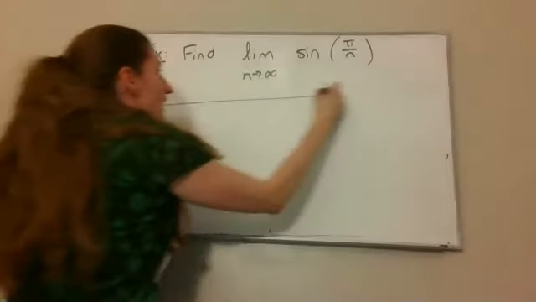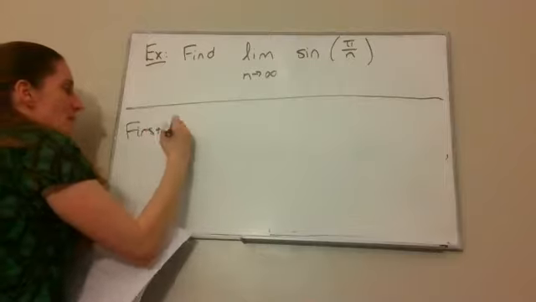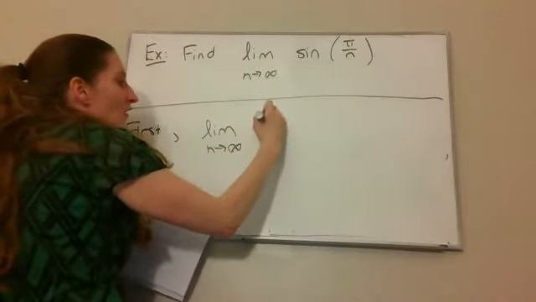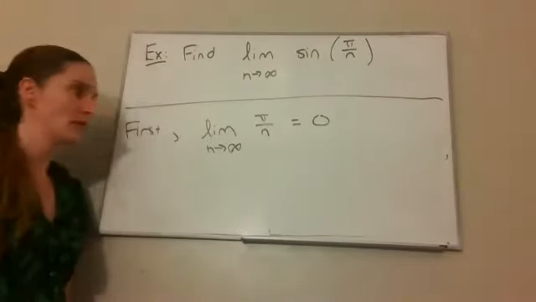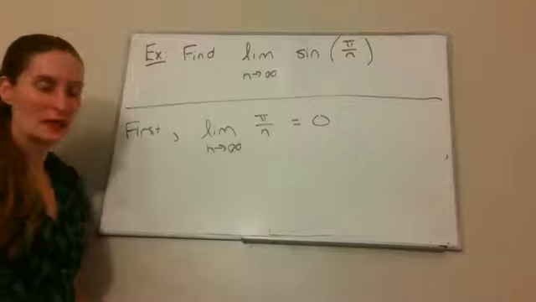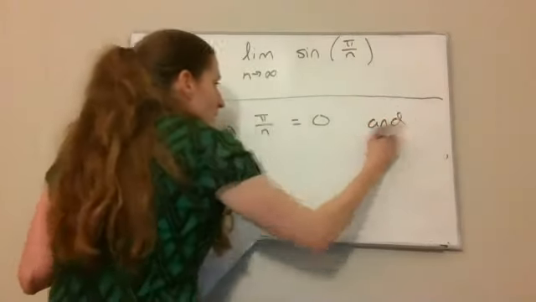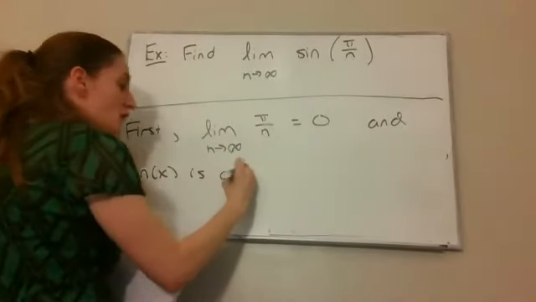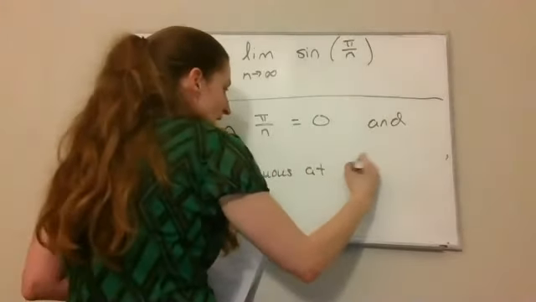First, just look at pi over n. The limit as n goes to infinity of pi over n, that goes to 0, because I have pi divided by bigger and bigger numbers. And we know that sine of x is continuous at 0.